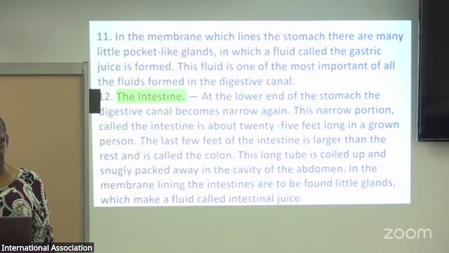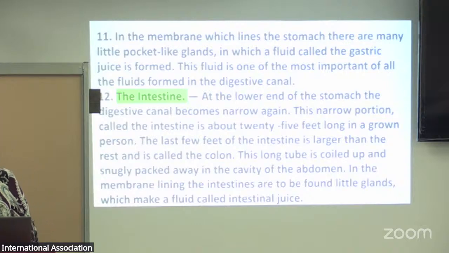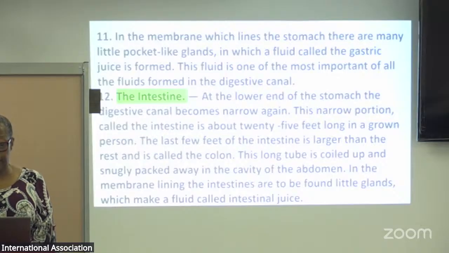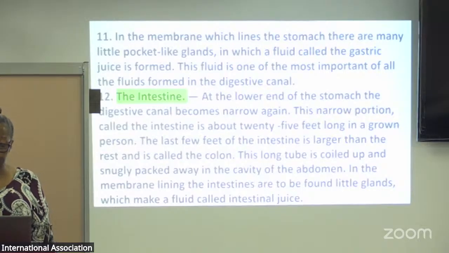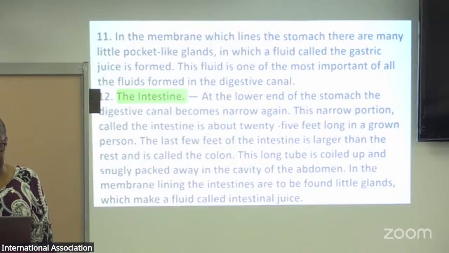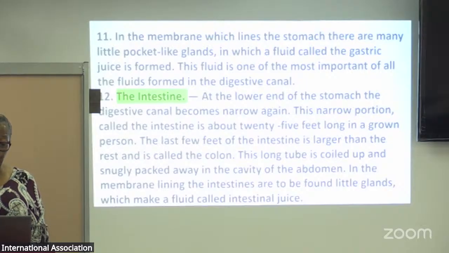The last few feet of the intestines is larger than the rest and is called the colon. This long tube is coiled up and snugly packed away in the cavity of the abdomen. In the membrane lining the intestines are also found little glands which make the fluid called intestinal juices.